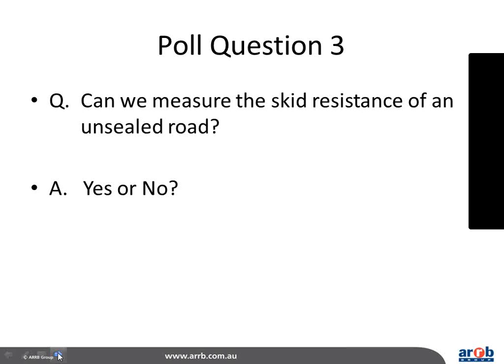Devices that people might have heard of called an accelerometer or a dynamometer, of which one brand name might be Vericom, you can actually get some measurements of the coefficient of friction on unsealed roads, and we're looking at that a bit more as we go along. So not typically, particularly if you're doing network level testing, you'll stick to blacktop and concrete roads and spray sealed type roads, but not typically unsealed roads. But that's not to say we can't do it.